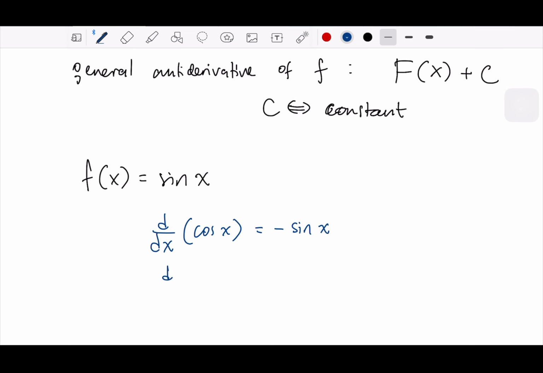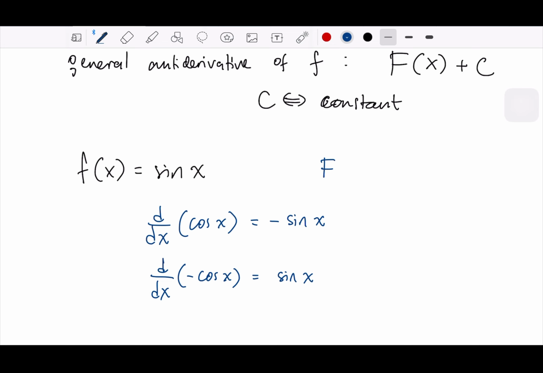So if we derive negative cos, it will be sine. So from here, we get a sense that the antiderivative of sine x is negative cos x plus c.